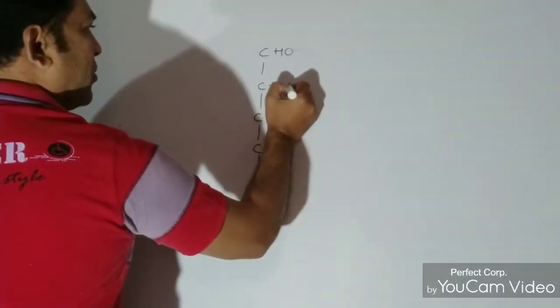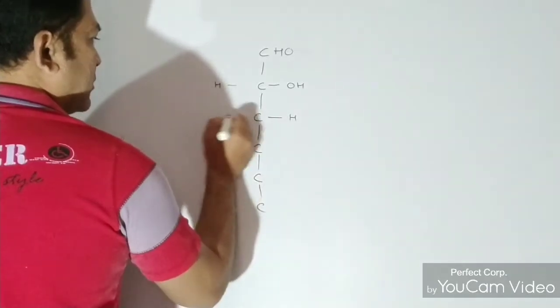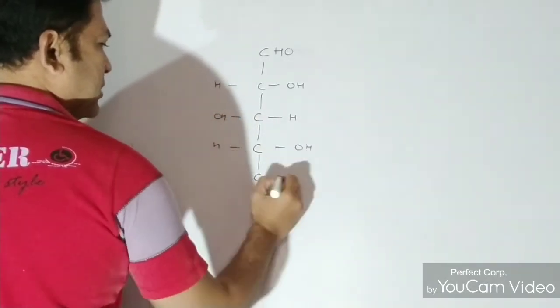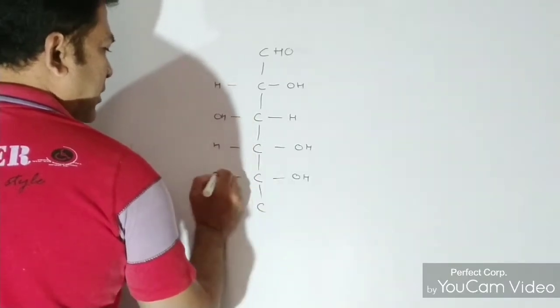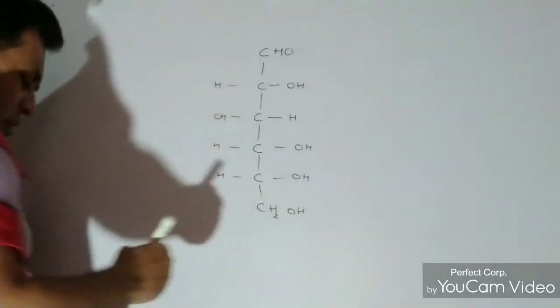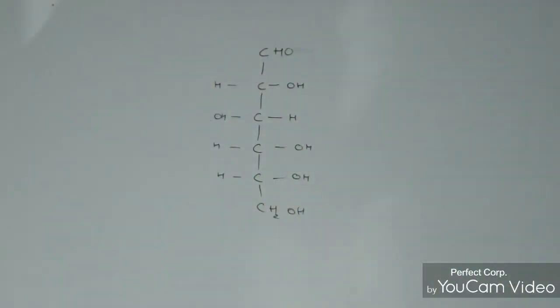The second carbon has OH, H, H, OH, OH, H, OH, H, and the last carbon is CH2OH. So this is our structure of glucose.